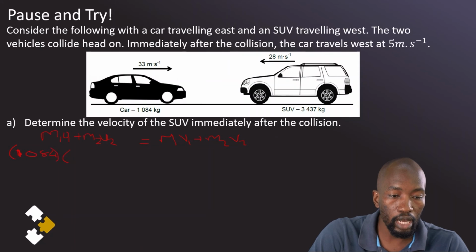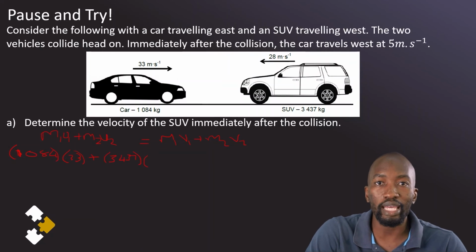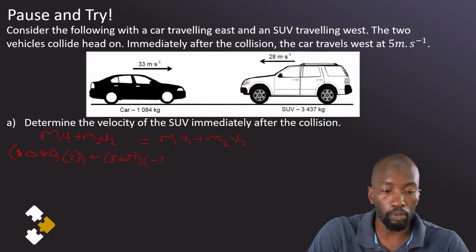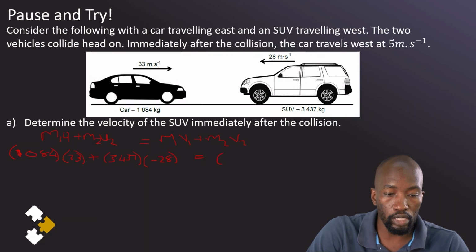We have 1084 times the velocity initial, which is 33, plus the mass of the SUV, which is 3437, multiplied by its velocity, but it's moving in the opposite direction, so it'll be negative 28. Then we have the mass of the car still being 1084, then its velocity is 5, but west, so that'll be minus 5 there.